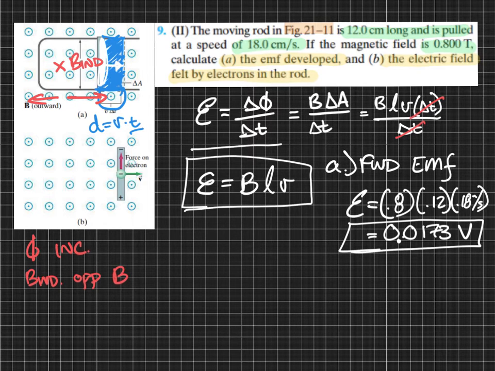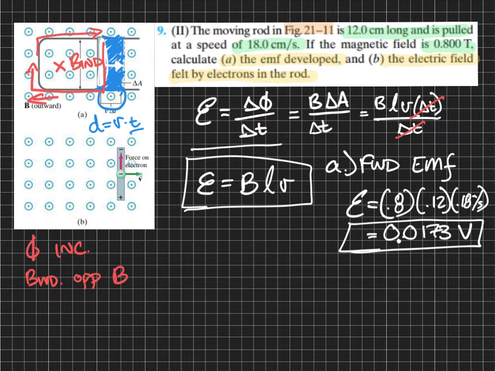I'm going to take my right hand, put my thumb into the page, and I see that the current is going to flow around my circuit in a clockwise direction.